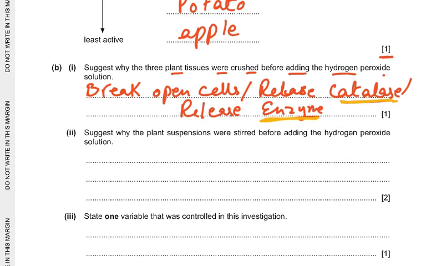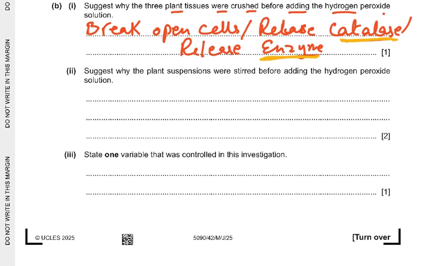Then coming to the next part of the question, it says suggest why the plant suspension was stirred before adding the hydrogen peroxide. Why do you stir your tea before drinking it? Because you want to mix the sugar which might be at the bottom of it. So, to ensure that the cell contents are evenly distributed.